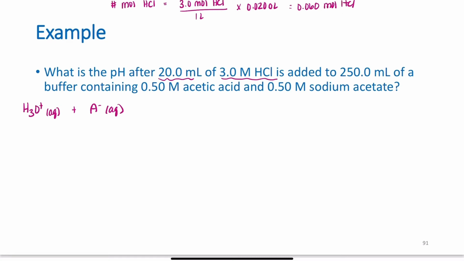Acids react with bases. So in the previous example, I had it react with acetic acid because I was adding base. Now I'm adding acid. It must react with the acetate, forming acetic acid and water.